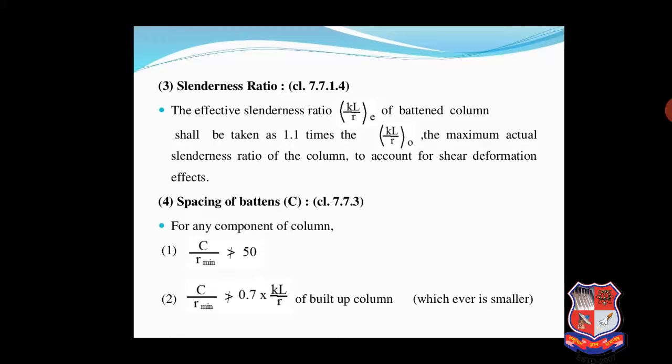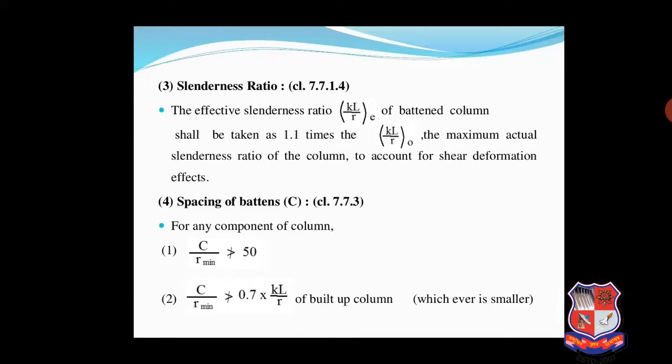This is the maximum actual slenderness ratio of the column, to account for shear deformation effect. So to account for the shear deformation effect, we take the effective slenderness ratio KL upon r E as 1.1 times the original slenderness ratio.